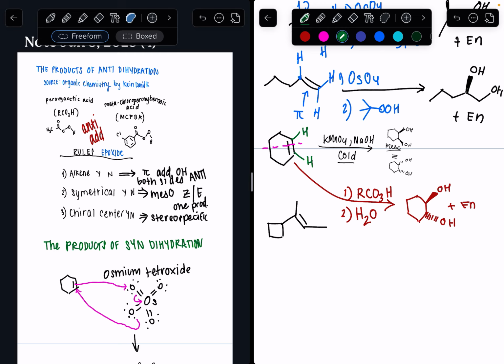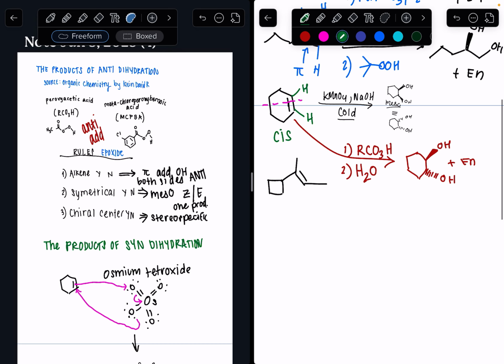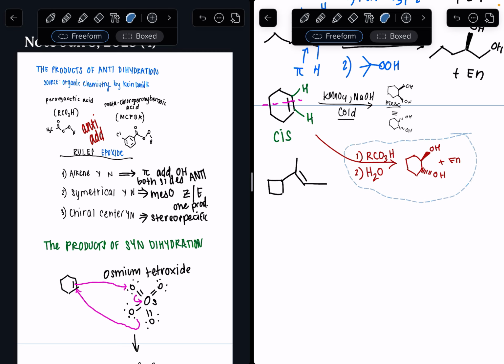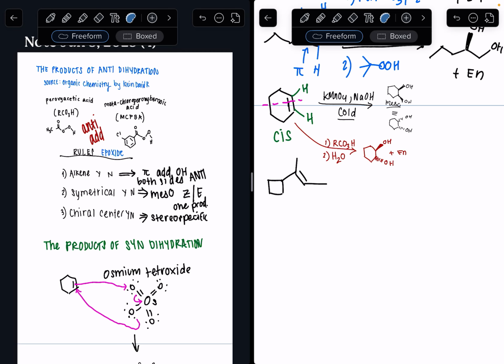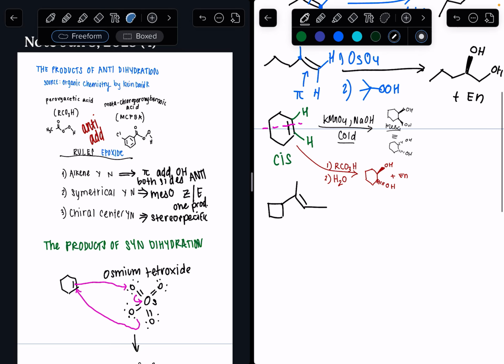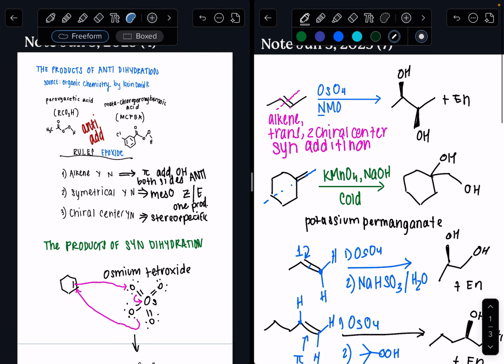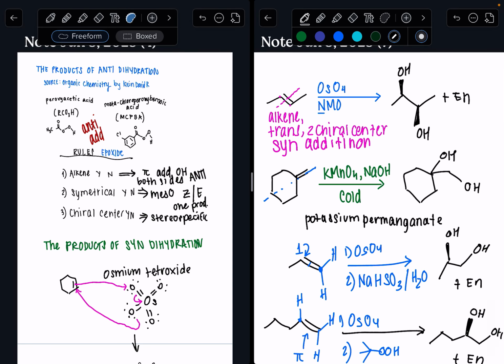Okay, cis. So you don't end up with the same product when you're adding acidic versus basic on a cis. Let's go back to a trans, like this one.